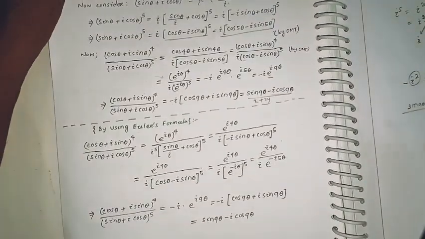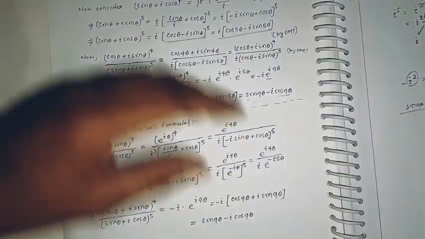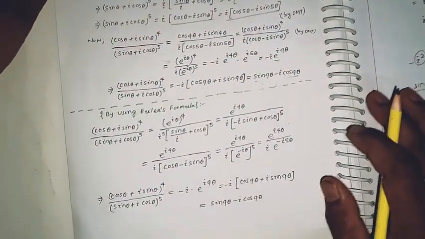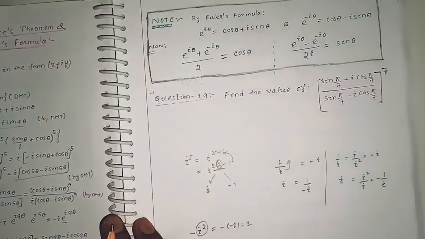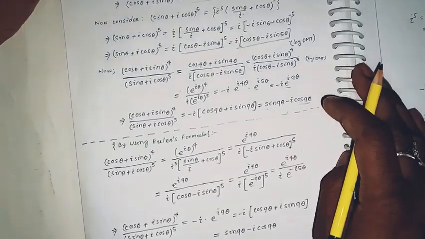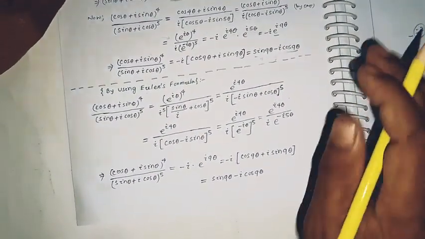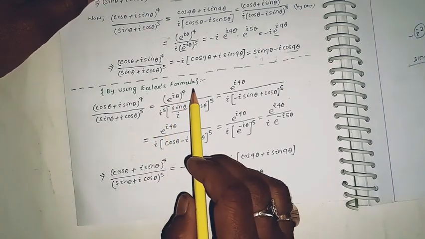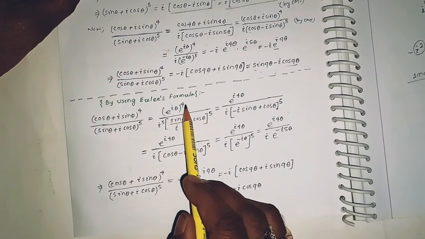Okay, now we are going to go for another numerical. But before that, you can see the same question can be solved by using Euler's formula also. How? Cos theta plus i sin theta can be written as e to the i theta to the power 4.